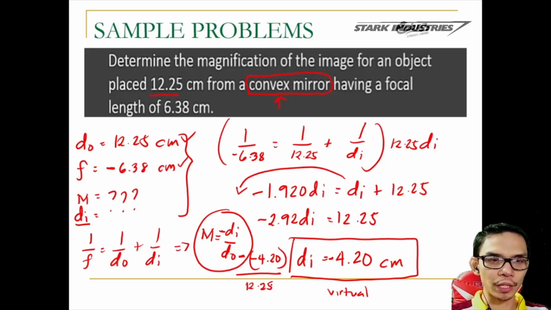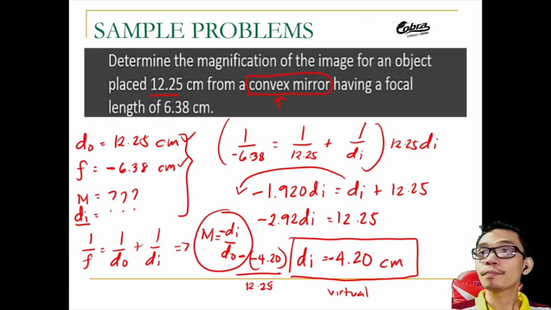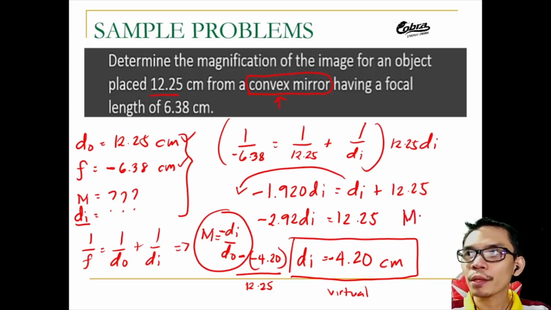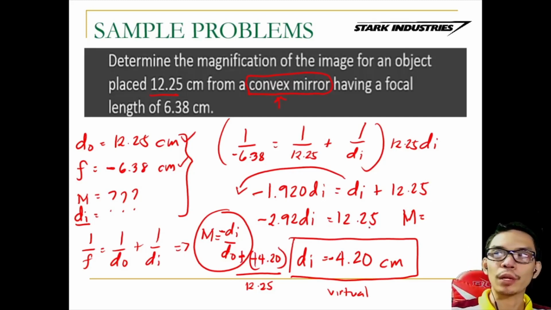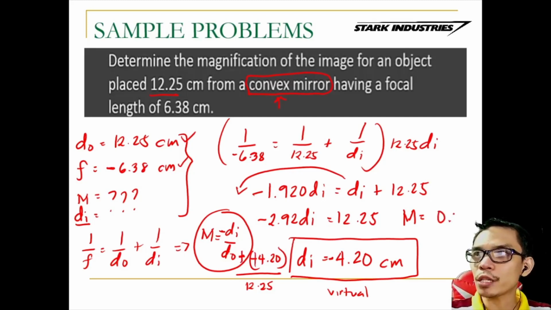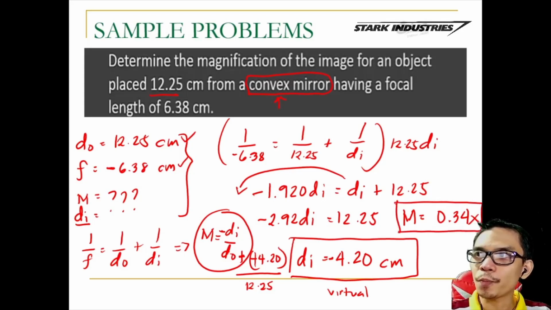So 4.20 over 12.25. Since it will cancel all the negative, the answer is 0.34x.